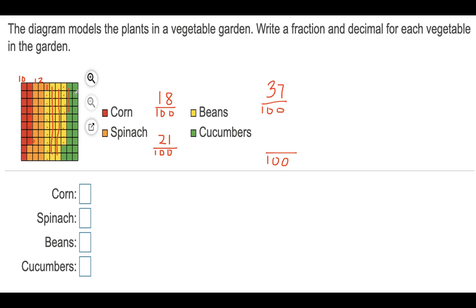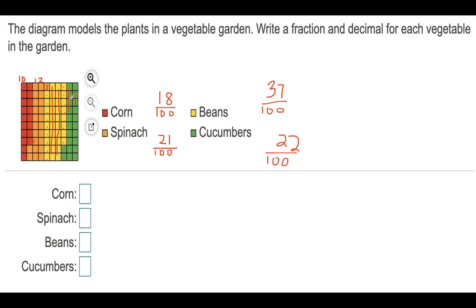Now I have 10, 20, 21, 22. Now if you add up all of these numbers together, they should equal 100. So I have 10, 20, 30, 40, 50, 60, 70, 80, 89, 90, 98.